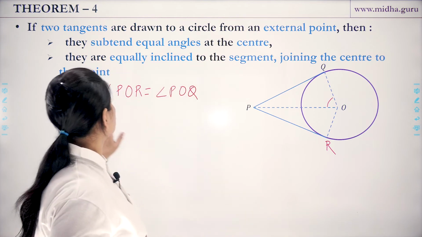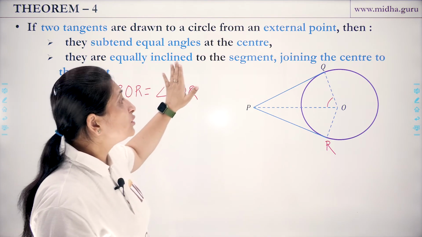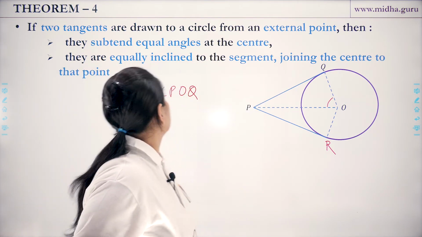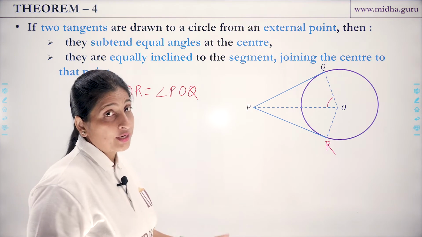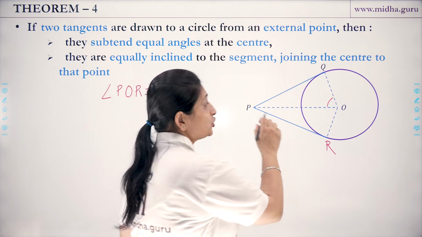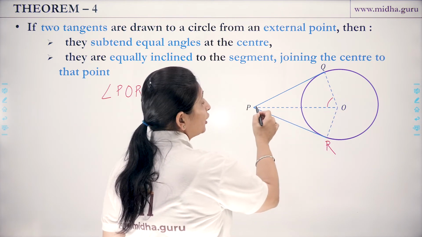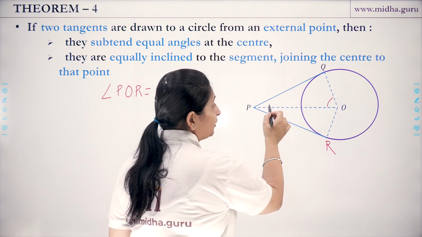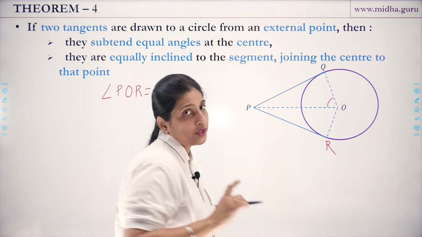Second, we have to prove they are equally inclined to the segment joining the center to that point. In the second part we have to prove that this angle is equal to this angle.